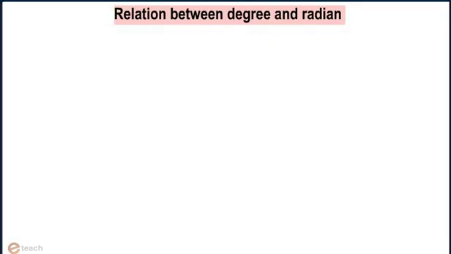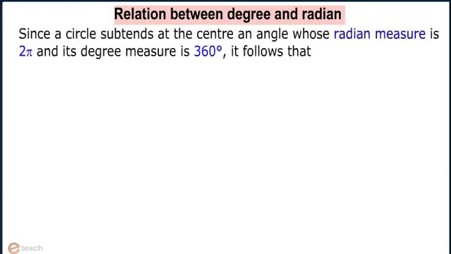Let us see the relation between degree and radian. Since a circle subtends at the center an angle whose radian measure is 2 pi and its degree measure is 360 degrees, it follows that 2 pi radian equals 360 degrees. So pi radian equals 180 degrees.